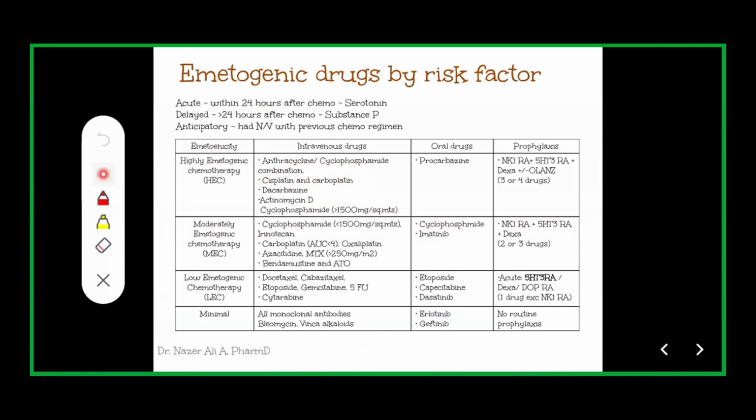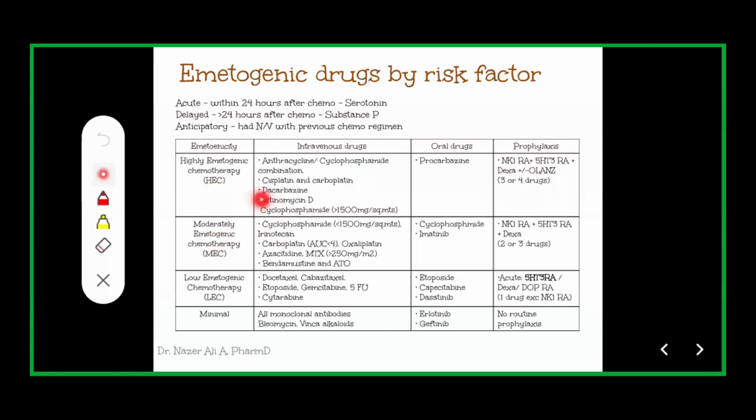For these, usually we will be giving fosaprepitant, a 5-HT3 antagonist like palonosetron, and olanzapine, which we give the patients in our institute for highly emetogenic chemotherapy. Also, there is a trial going on in our institute to find the optimal dose of olanzapine in the prophylaxis of highly emetogenic chemotherapy.